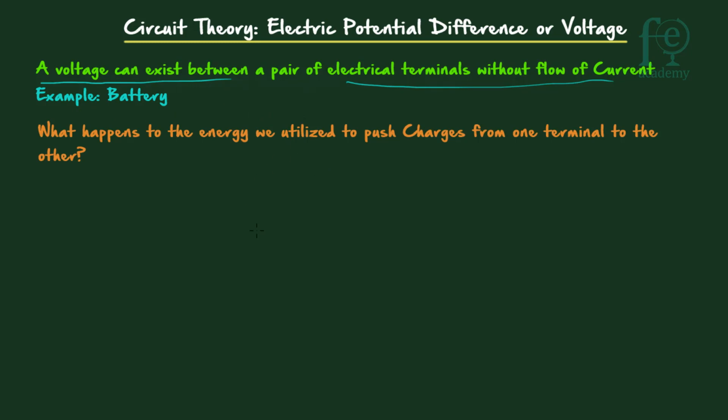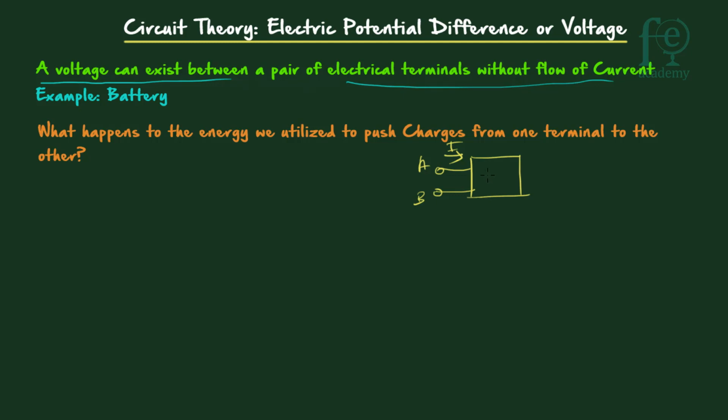Now the other question is: what happens to the energy we utilize to push charges from one terminal to the other? This is a circuit element, this is terminal A and this is terminal B, and we are applying some current I. We said that we need to do some work, or use some energy, to push the charges from terminal A to terminal B through this circuit element.